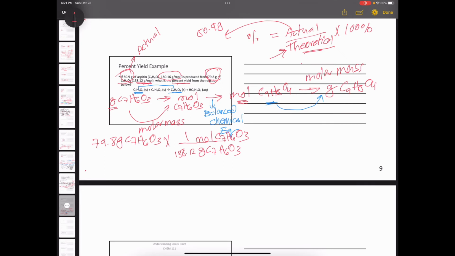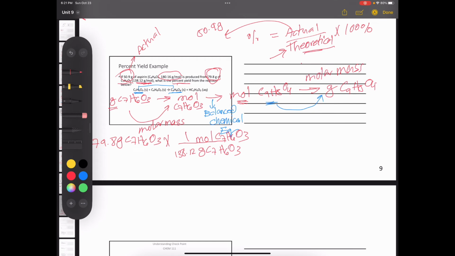If you noticed, I basically inverted my molar mass, and I had to put the grams in my denominator so I can cancel out the grams of salicylic acid with the grams of salicylic acid. So now I have moles of salicylic acid, okay? So don't get caught up with how the molar mass ratio looks. You can always change the fraction depending on what kind of conversion you're trying to do. What is the unit that you're trying to obtain at the end?